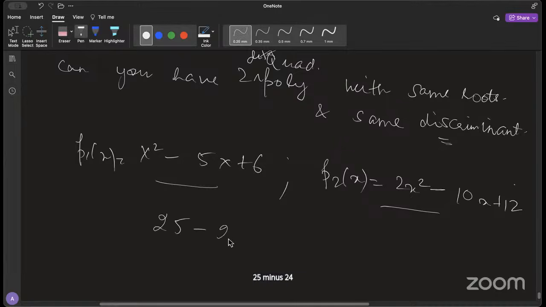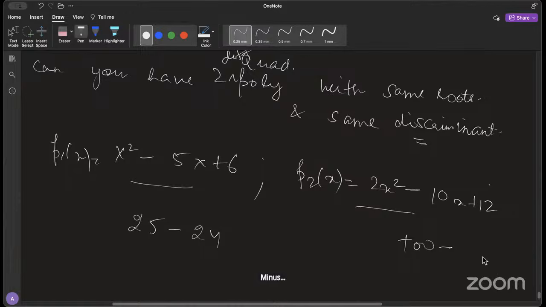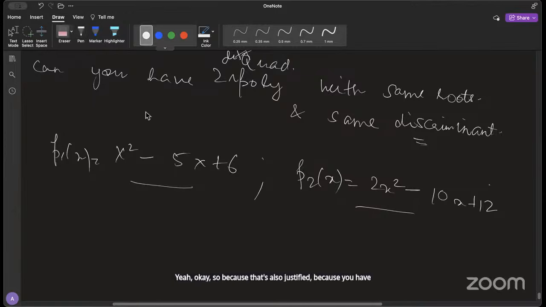What about this one? This will be b square, which is 100, minus 96. The difference is turning out to be different. Okay, because that's also justified, since you have just a constant multiple.